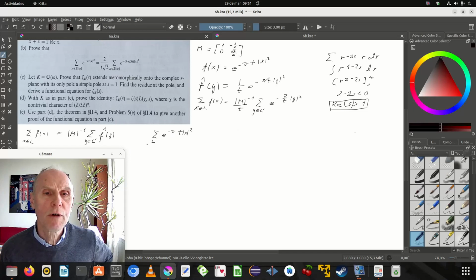This is summing over our lattice. That equals, now m to minus first, that's 2 divided by square root 3.